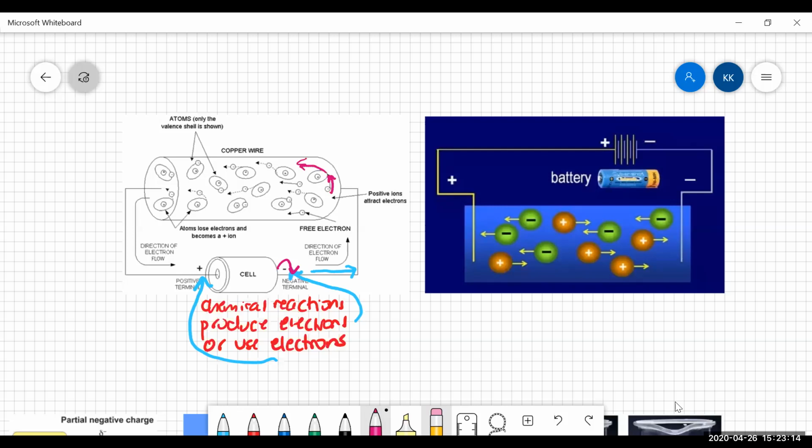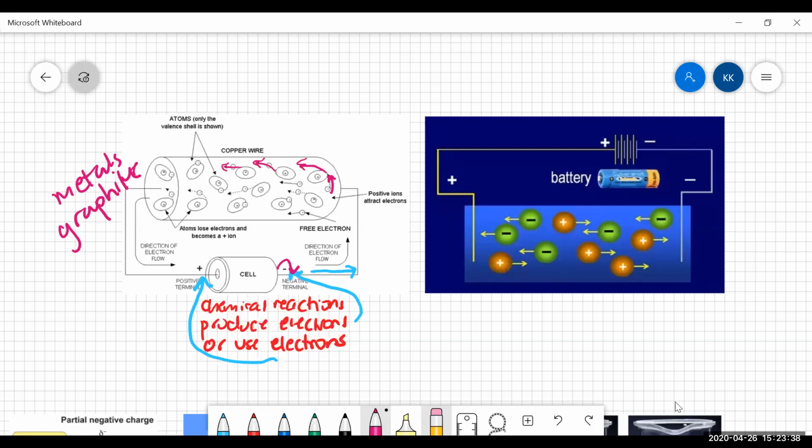Then that will boot the next electron onto the next atom, and then that will kick the next electron along all the way through that wire. And that's how electricity is conducted through a metal or graphite. So it's only metals and graphite. And we're going to talk about both of those and how they conduct electricity.